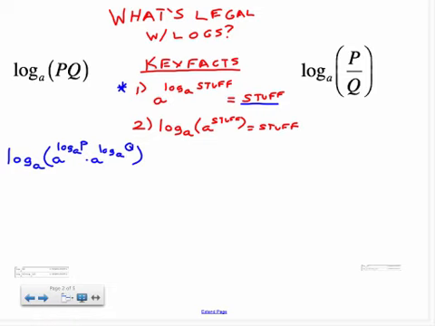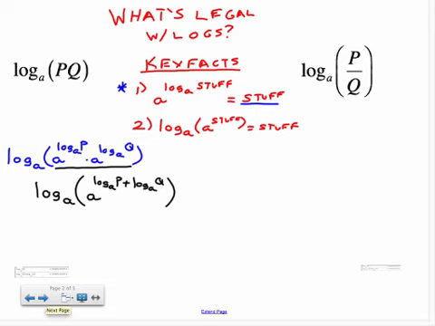Now, inside the logarithm here, I have two things that are being multiplied that have the same base. We already know that there's a rule for that back from chapter 1, and the rule says you're allowed to add the exponents. So I now have log base a of a to the log base a of p plus log base a of q.